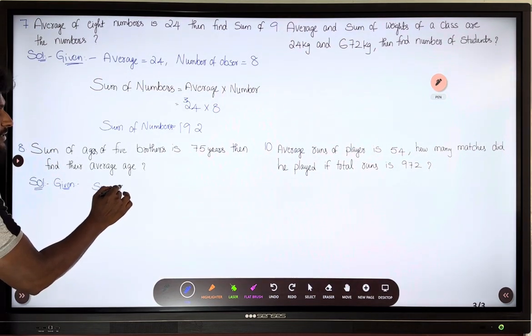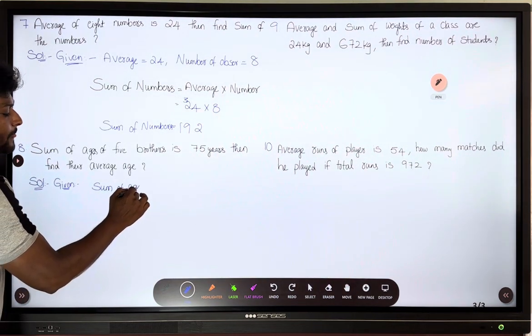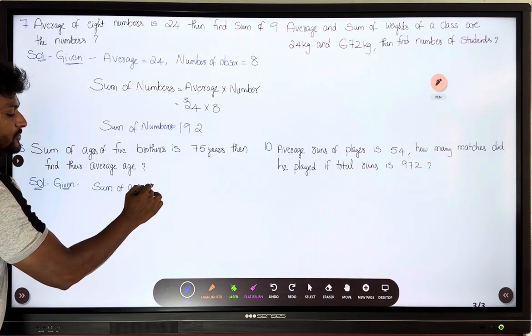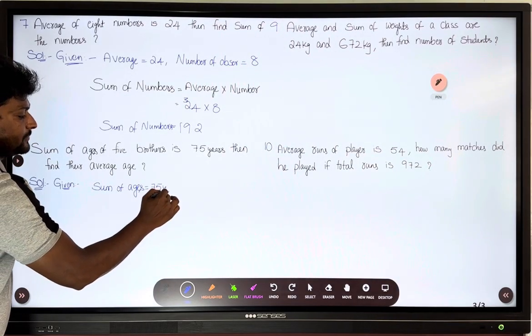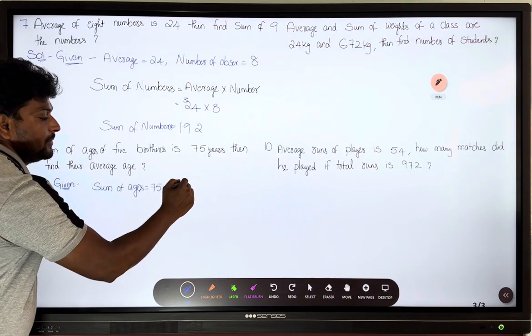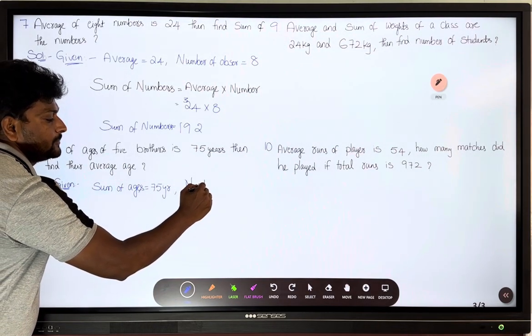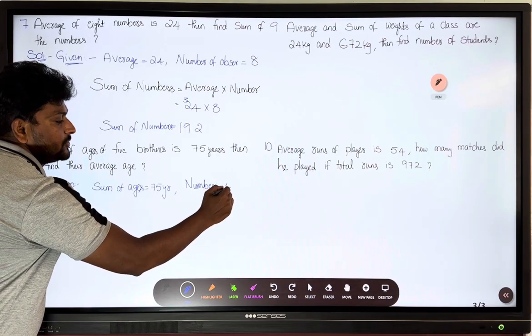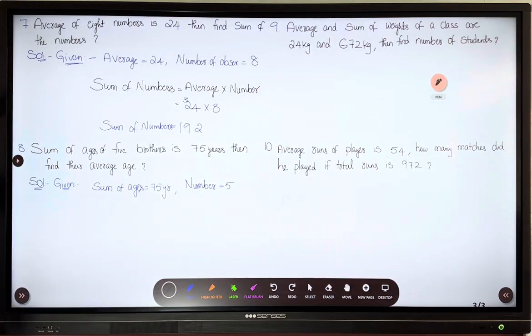Sum of ages equals 75 years. How many brothers are here? The number of brothers is 5. So number equals 5. Then what do we need to find here? We need to find their average age.